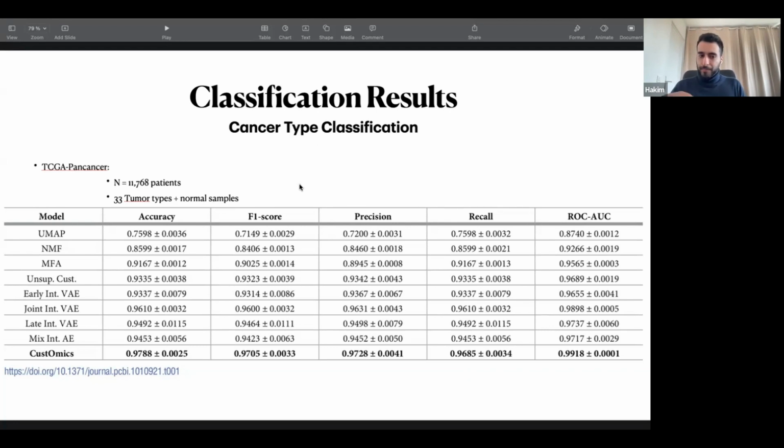So here we try to create the latent representation and plug it into a classifier for classifying the different tumor types and normal samples too.